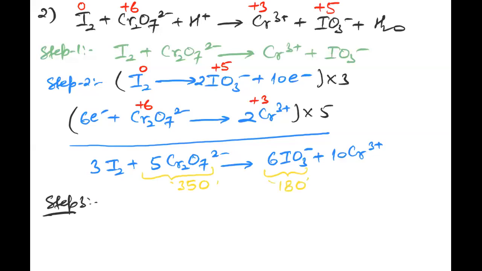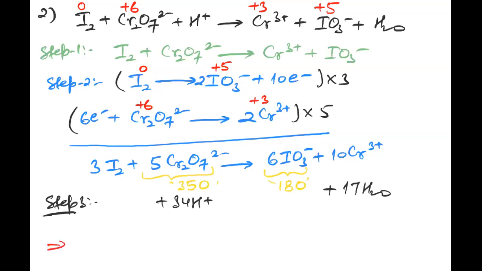So 35 minus 18 is 17 oxygen. 17 oxygen is less on the product side, so we have to add 17 H2O, and you have to add 34 H plus here.